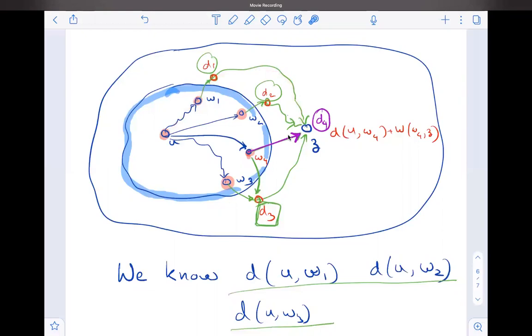So if I take the minimum over all the DIs, the vertex which has the minimum DI, meaning the vertex which has the minimum cost among all the paths that use only vertices within the blue boundary, that vertex has to be, I can say, the R.